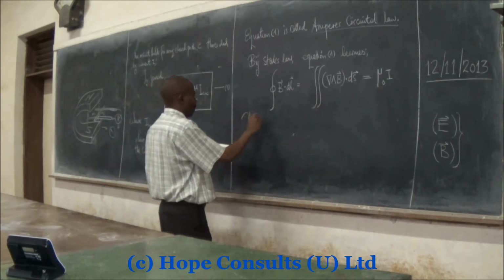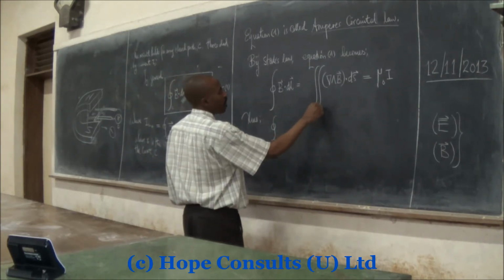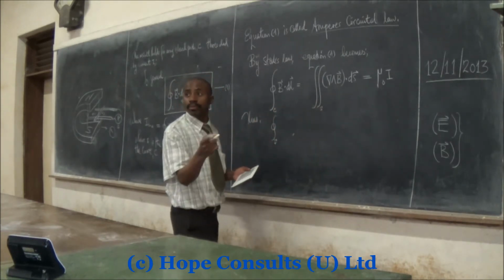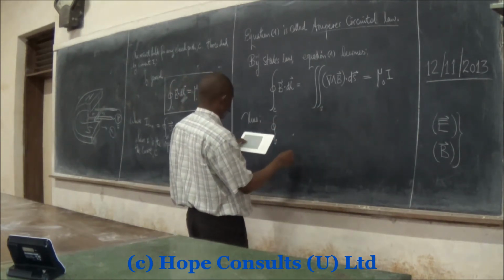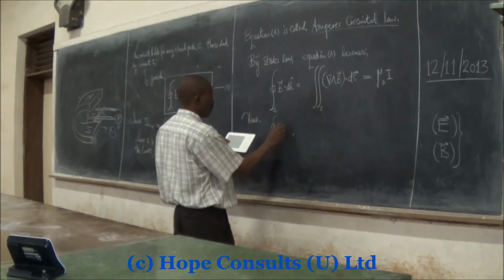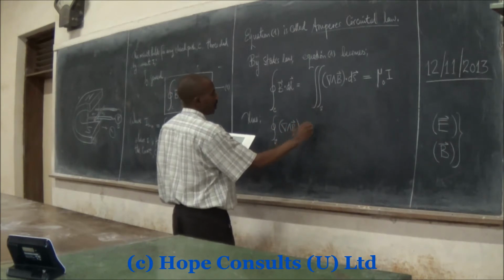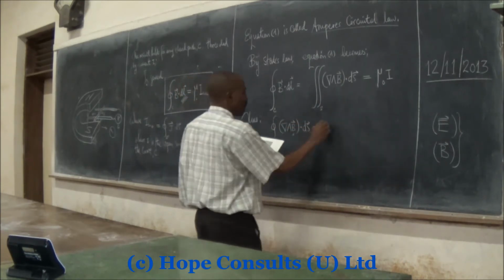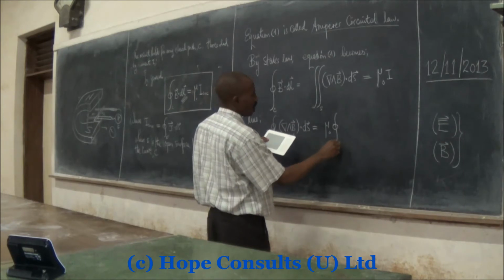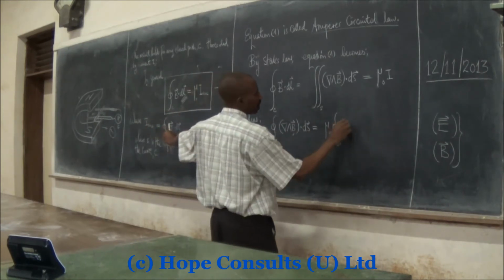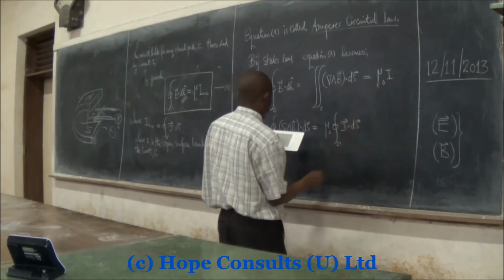Thus, we would have that our integral over the surface S, which is a loop or path C transformed into a surface S, of the curl of B dot ds would be equal to mu naught I, but I is the same as the integral over the surface S of the current density J dotted with ds.